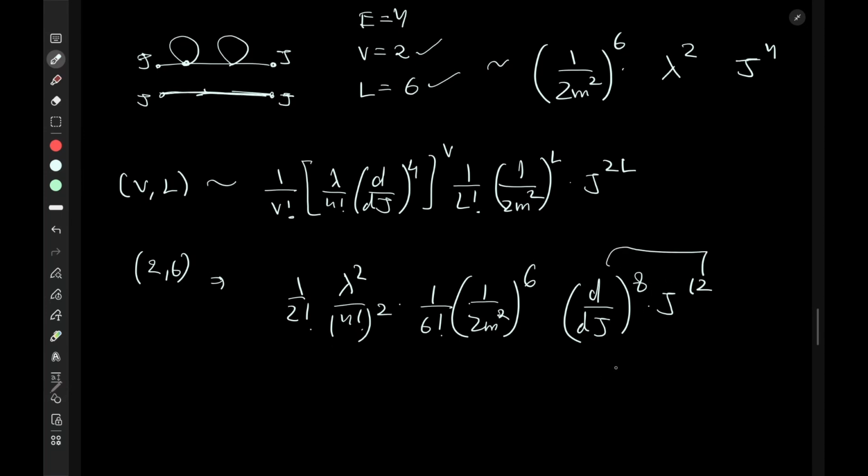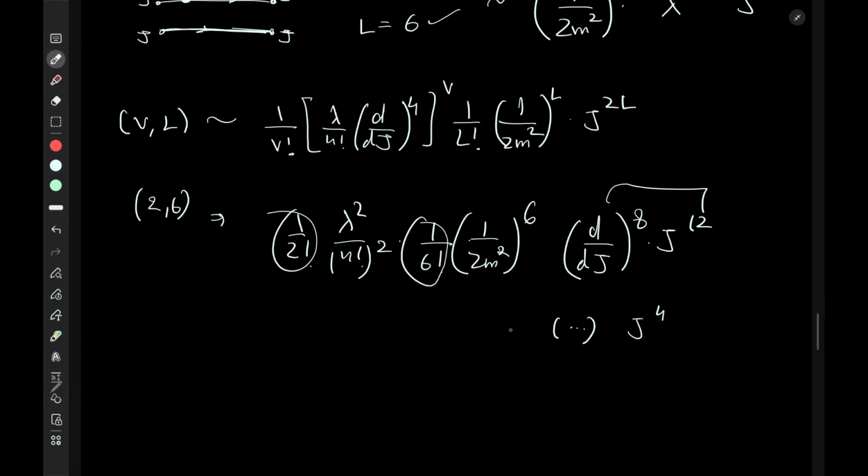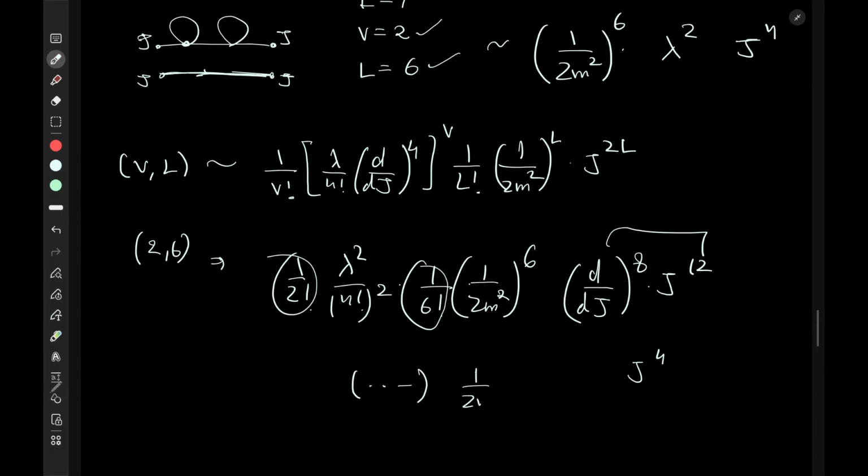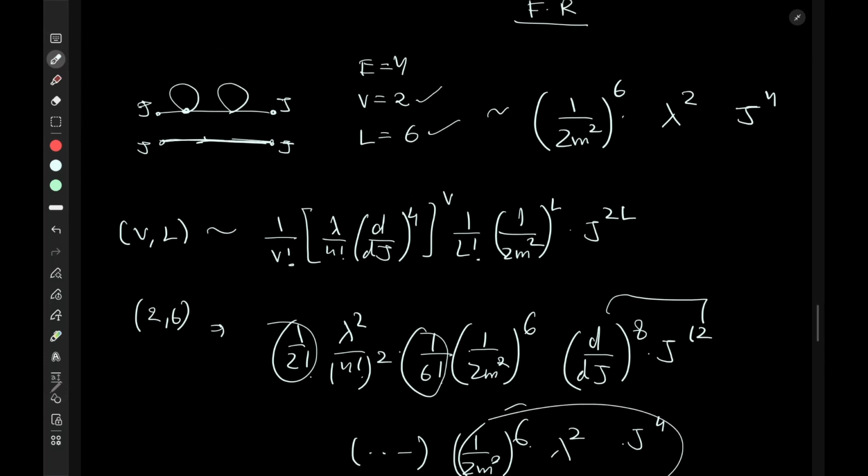Again, this will give us j to the power 4 times some factors, and again there is this factor, there is this factor, so we will have some numerical factor here, and the rest of the structure is the same, 1 over 2m square to the power 6 times lambda square times j to the power 4, which is the same as this that we calculated above.